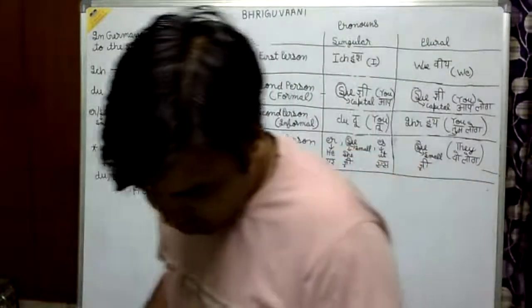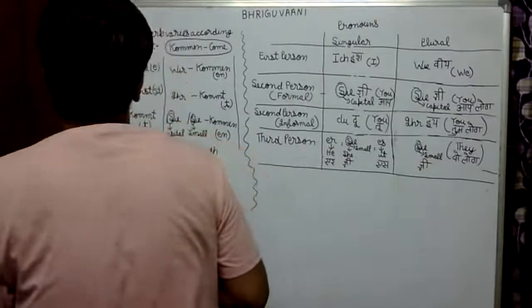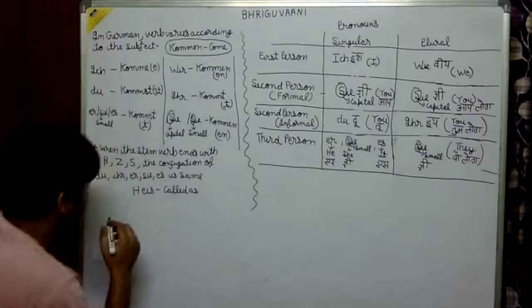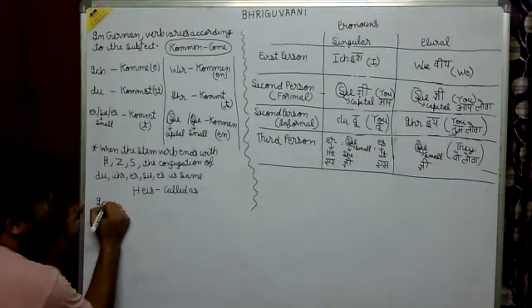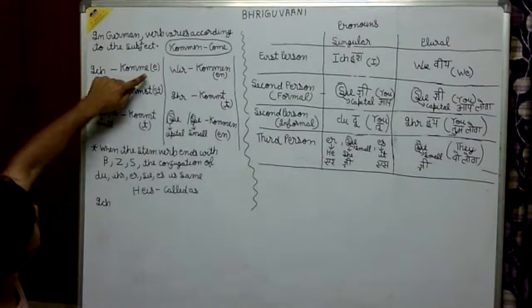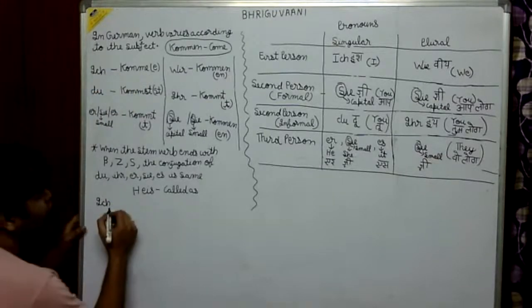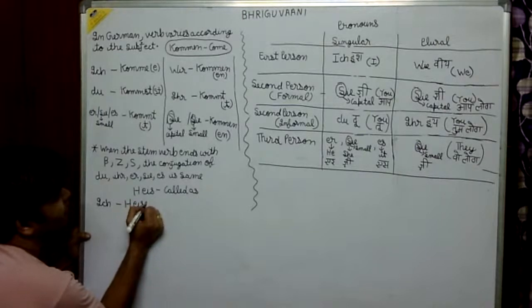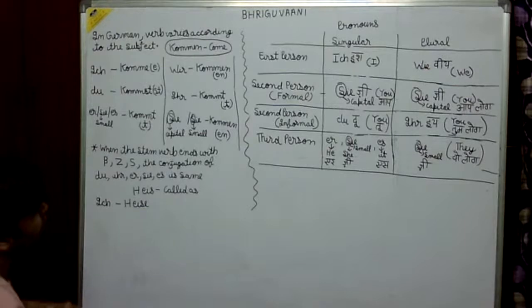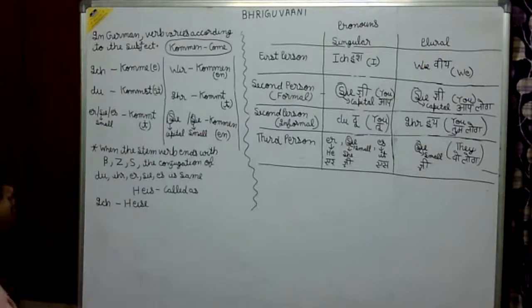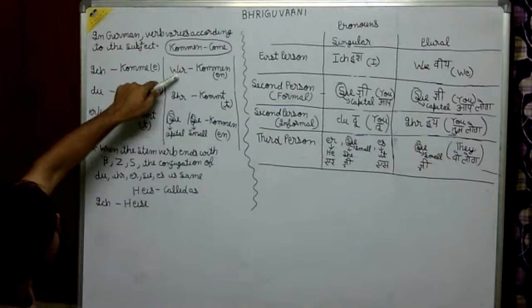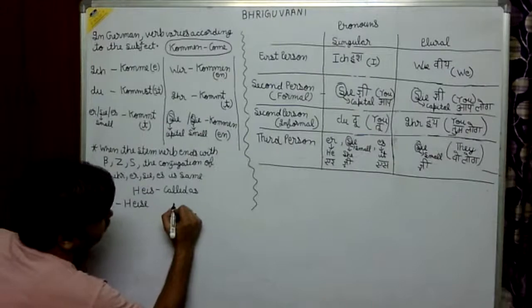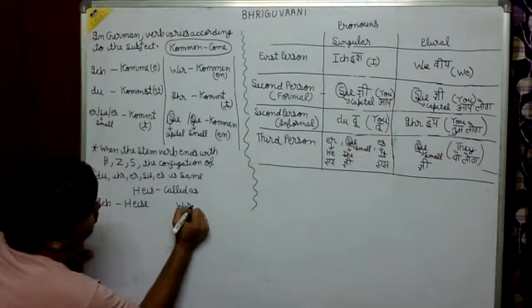Now look. In case of ich, what do we do? We put e after the verb. So the verb will become heiße. In case of wir, we put en after the verb.